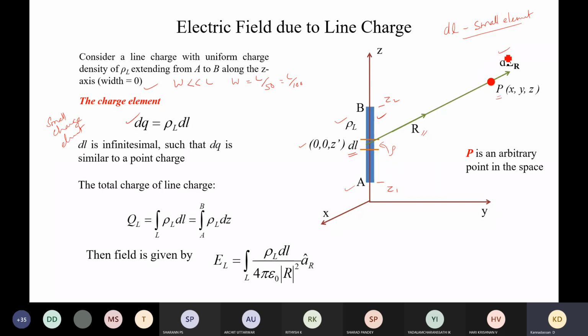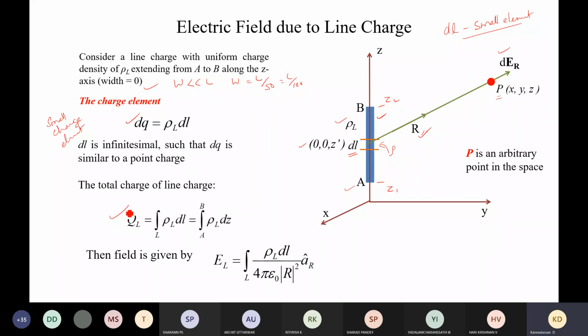So first our objective is to define this dE. This dE has a projection along the line joining vector R. Then we have to integrate it, and when we integrate that, we will get the total electric field due to this entire line.